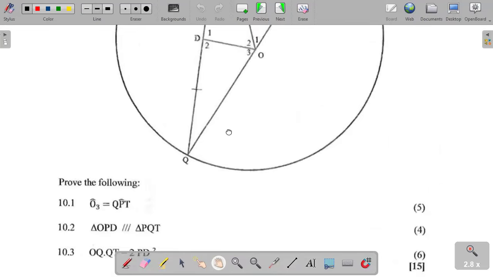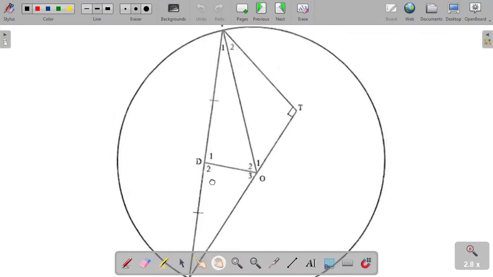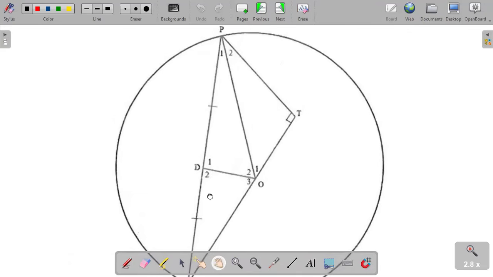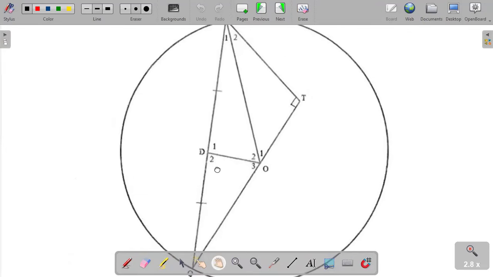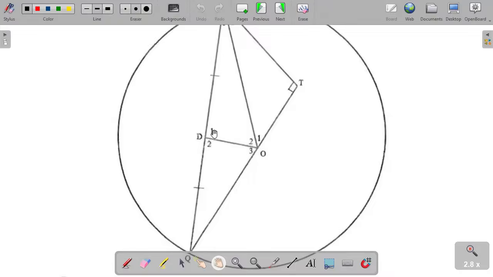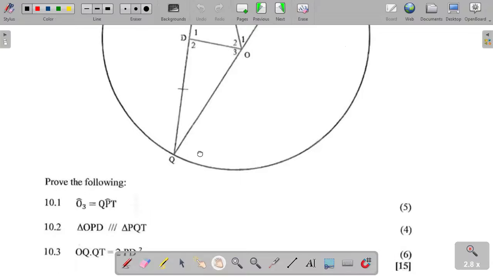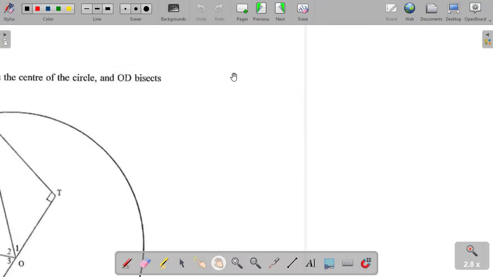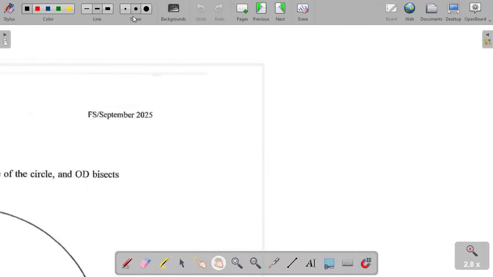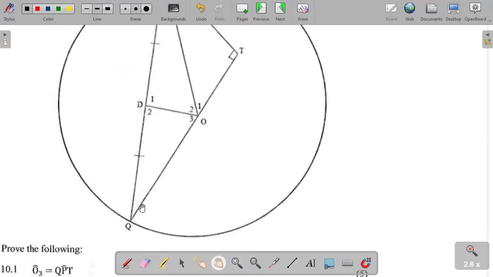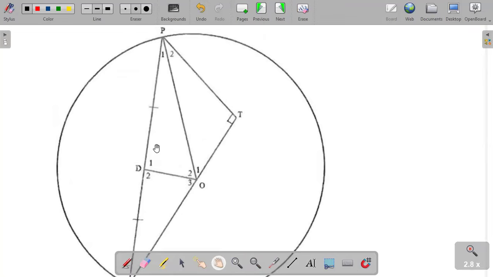So the first thing that we know here is that these two are given. They say that they bisect. So for 10.1, we start with what we're given. DQ and DP is given.